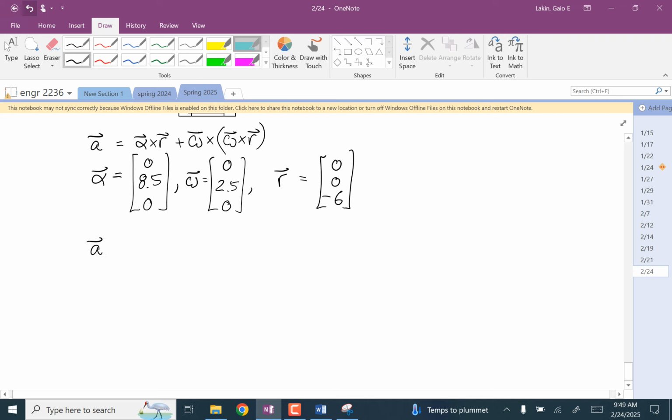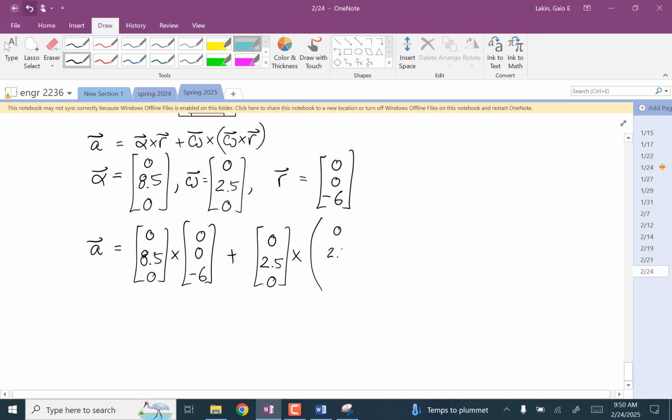And so the acceleration is 0, 8.5, 0 cross 0, 0, negative 6 plus 0, 2.5, 0 crossed with 0, 2.5, 0 cross 0, 0, negative 6. Okay, and once you have that, this is the acceleration of each book.